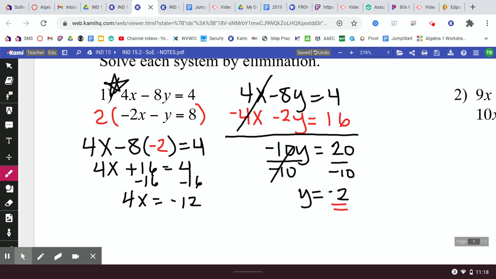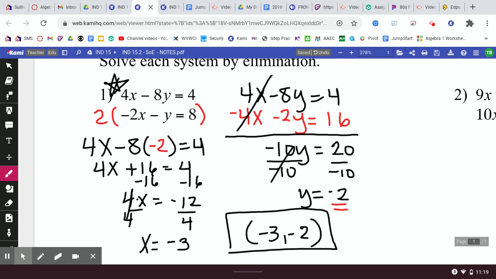You subtract the two numbers and take the sign of the bigger when they're opposite signs. Still need to get that x by itself, so I'm going to divide by 4 and divide by 4. And when I do that, I get x equals negative 12 divided by positive 4 is negative 3. Almost done. My answer is the ordered pair that this creates, which is negative 3, negative 2. And that's the final answer.